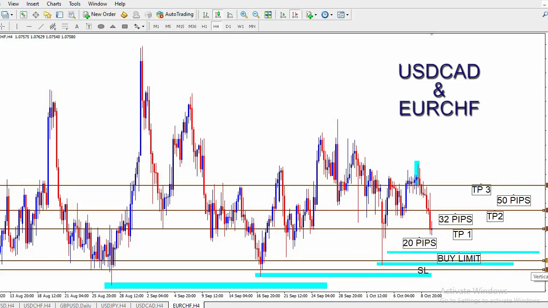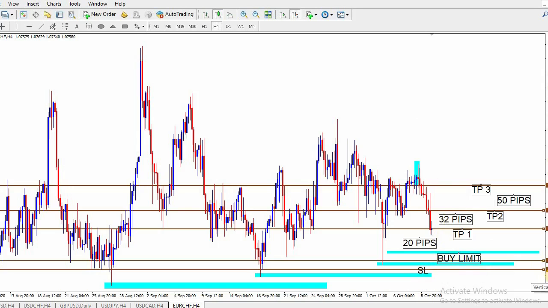So this is where we're setting our buy limit. Buy limit is a buy signal, but it is actually below the current market price. So this is the current market price as of now, and the buy limit is around here. So when it comes down to this region, it pulls back up.